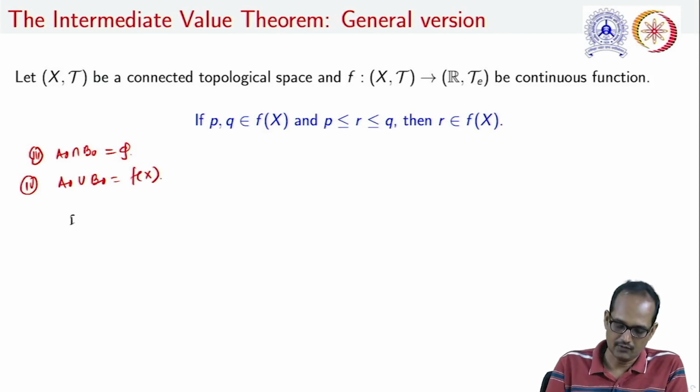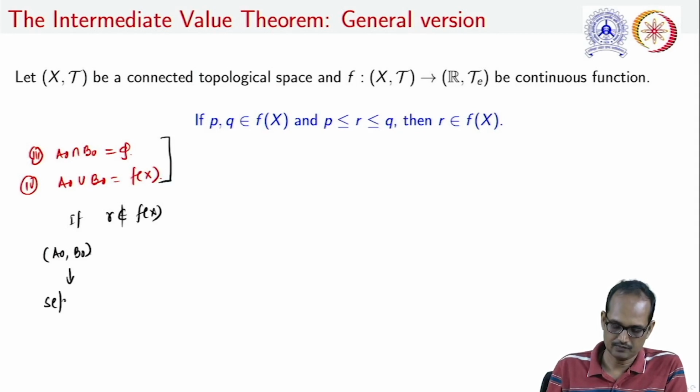Thus, if r is not an element of f(X), we have created a separation of f(X), given by this pair, and it leads us to conclude that f(X) is disconnected.